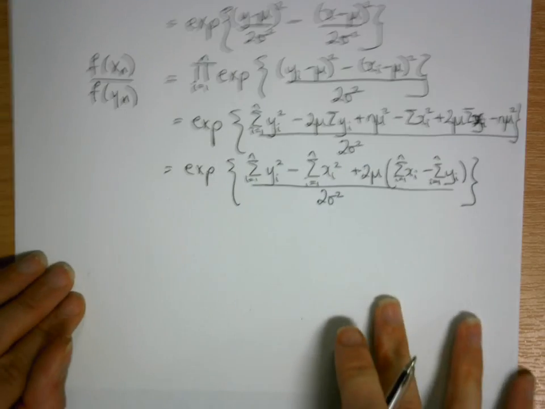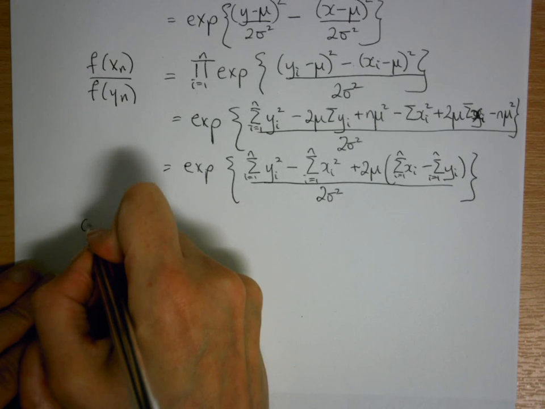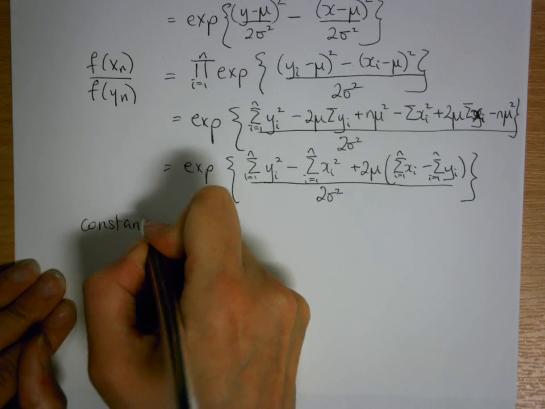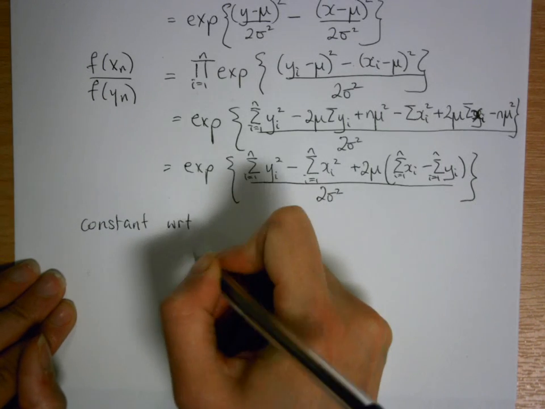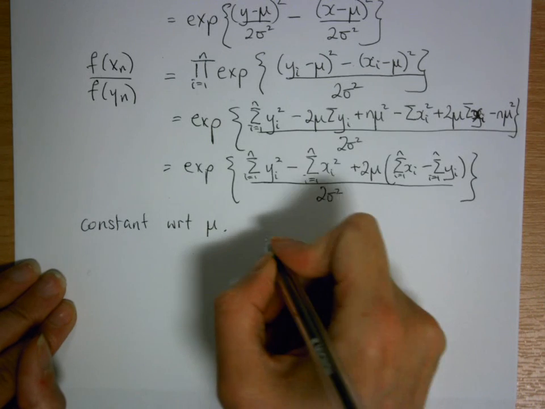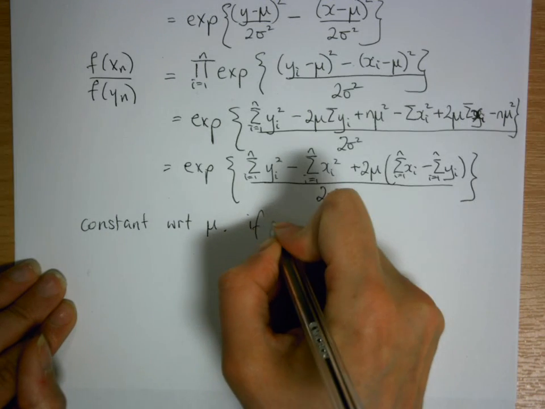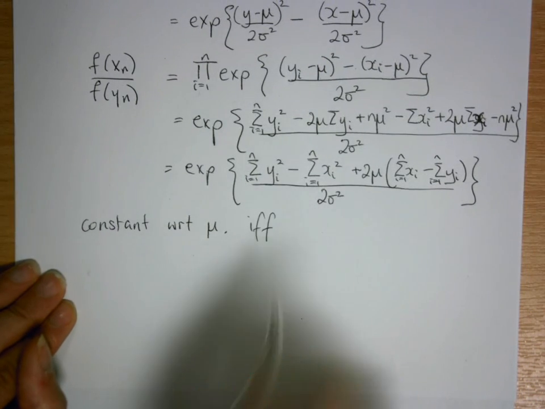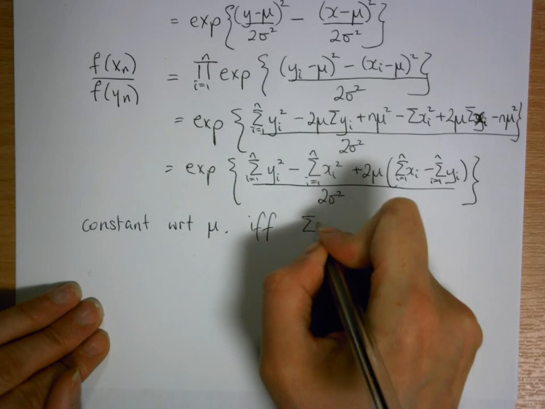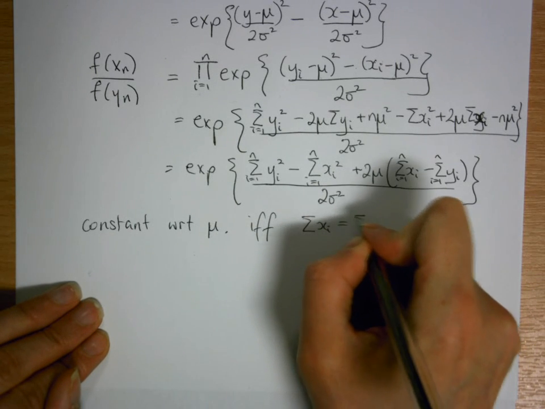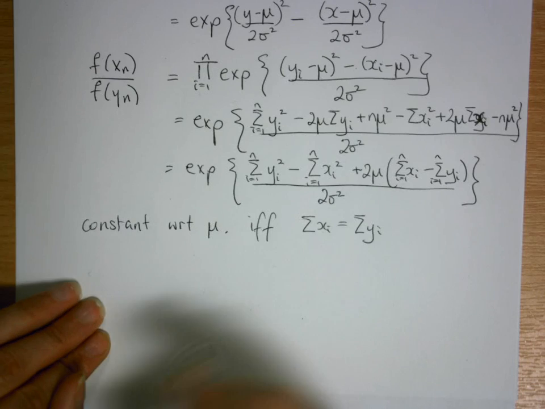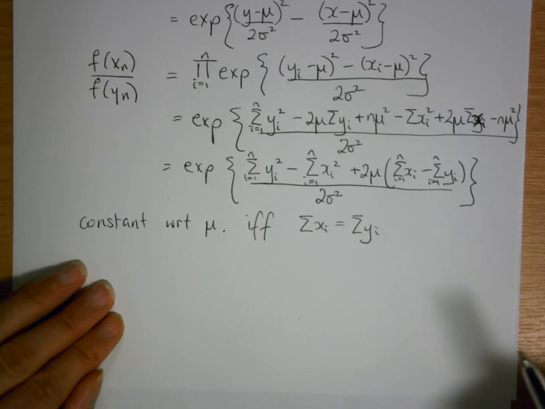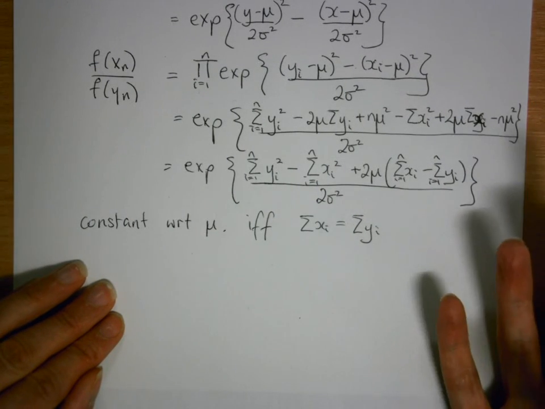So this is constant with respect to mu if and only if the sum of xi is equal to the sum of yi. So the sum of xi is a minimal sufficient statistic for mu.